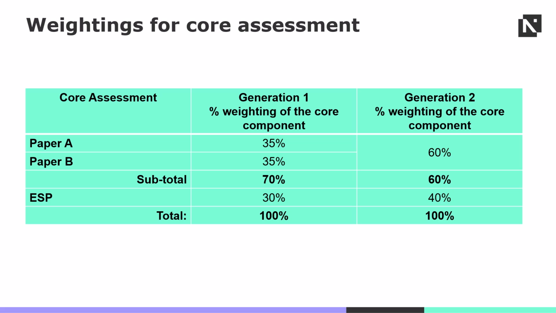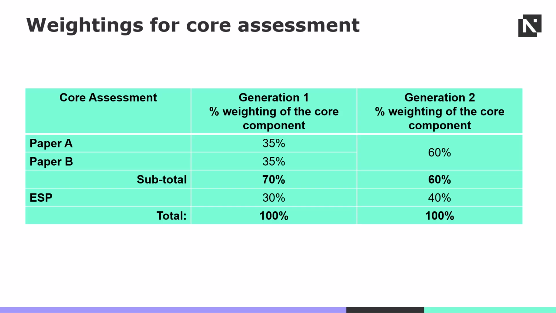This slide shows how the weightings for core assessment have changed between Generation 1 and Generation 2. In Generation 1, the assessment was split across 2 written exams, each contributing 35% towards the core component. Together they accounted for 70% of the total weighting, and the ESP made up the remaining 30%.